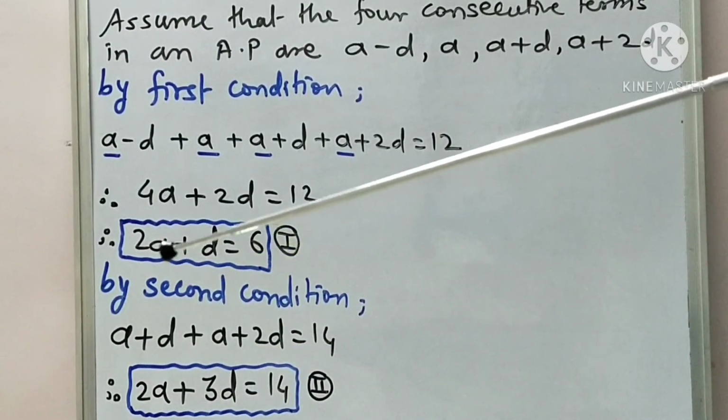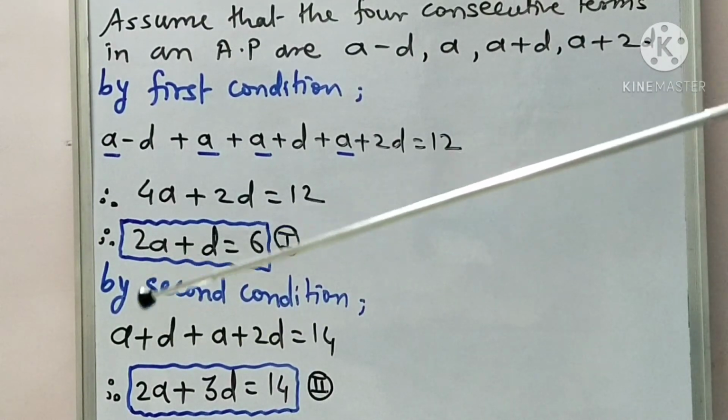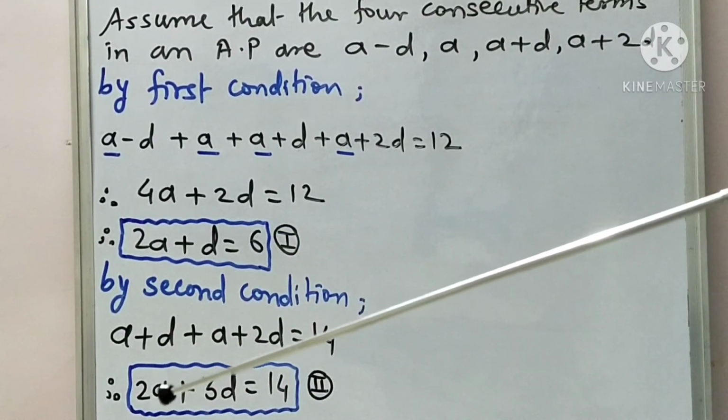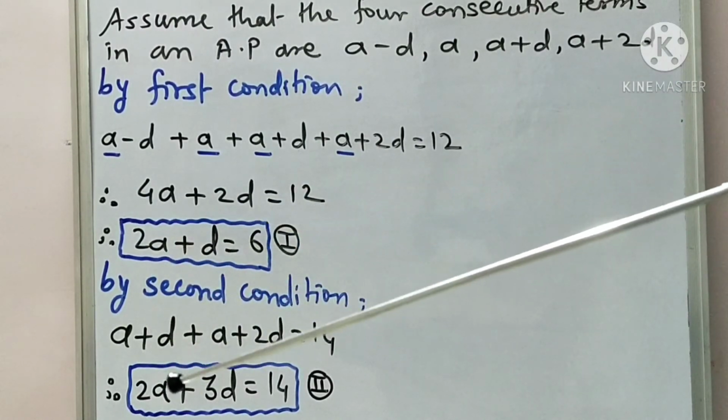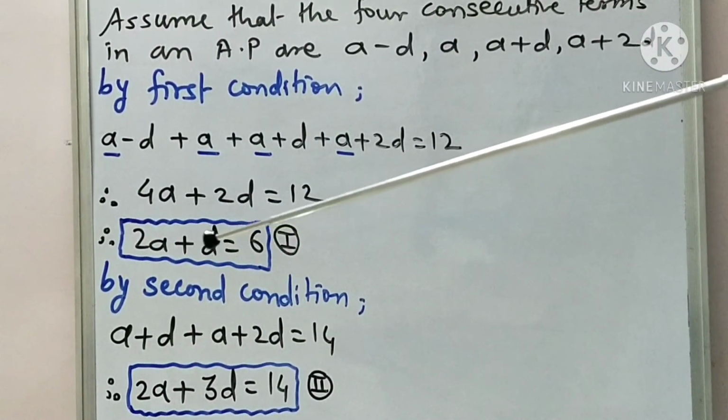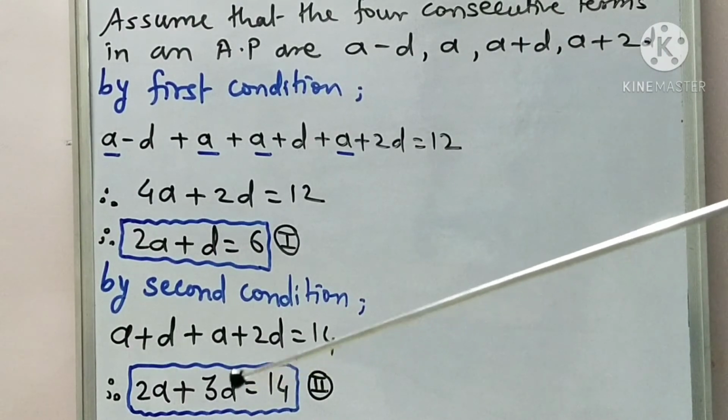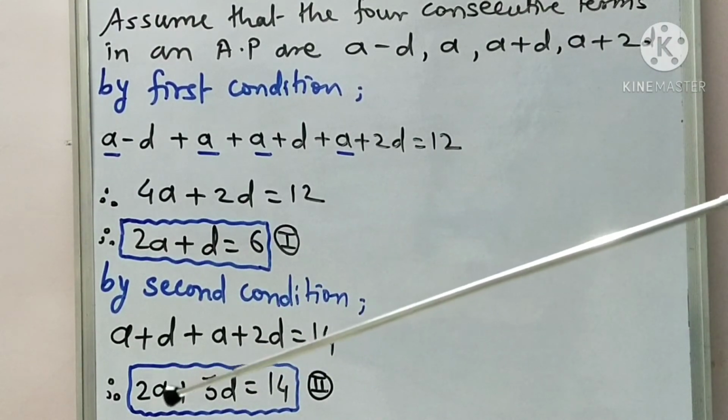Okay, here the coefficient of a is the same. So as we subtract these two equations, a eliminates and we get the value of d first, and we put the value of d in any one of the equations to get a.